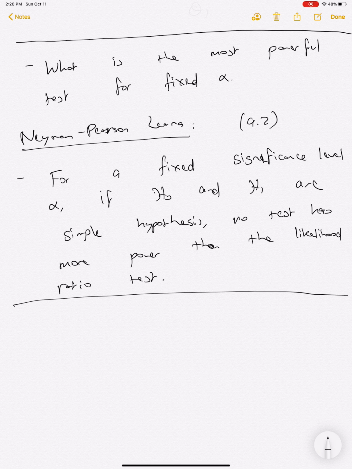the likelihood ratio test, just to step the procedure out, the first element is the statistic, which is just the likelihood ratio of theta 0, theta 1, x1, and so on.